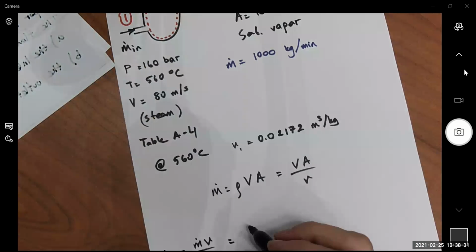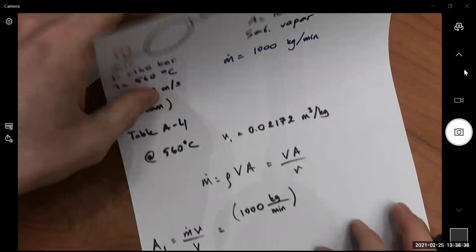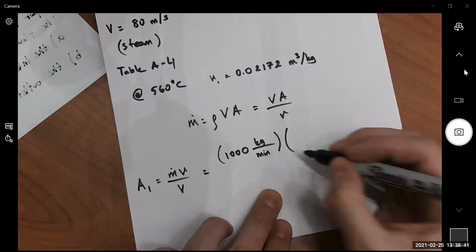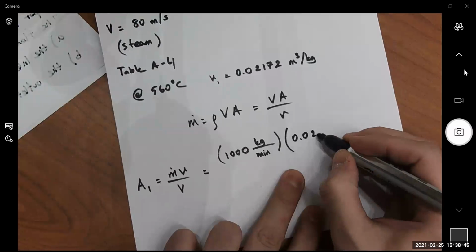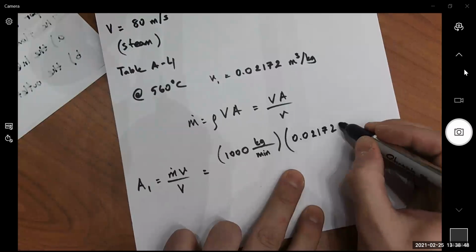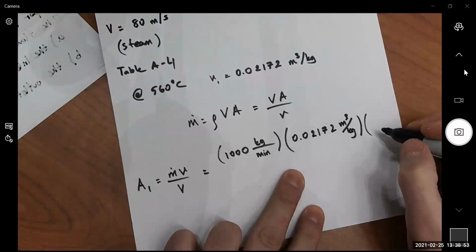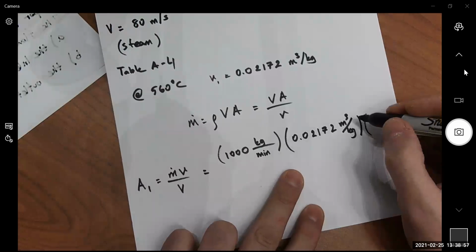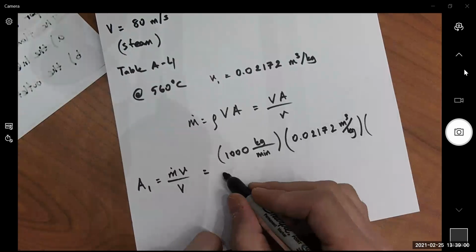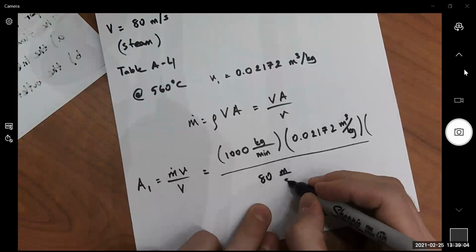Mass flow rate is 1,000 kilograms per minute. Specific volume is 0.02172 meter cubed per kilogram. Velocity is 80 meters per second.